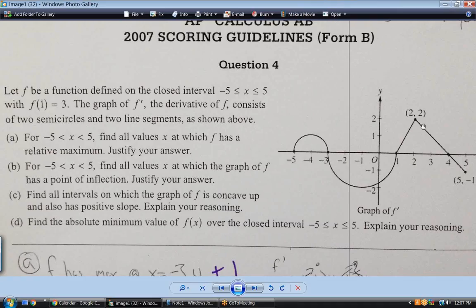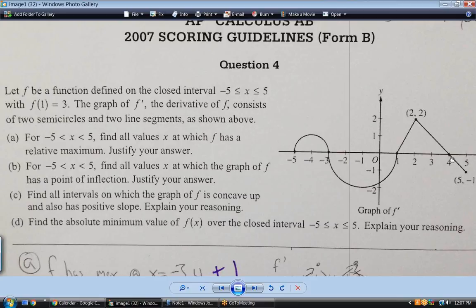Okay. And how about here? Oh, let's see. This one here. Is there something wrong with the fact that it's just a straight line? No, it's still going from positive slopes to 0 to negative slopes.